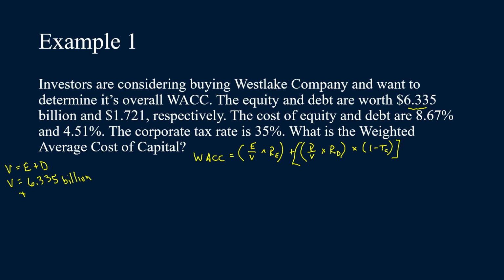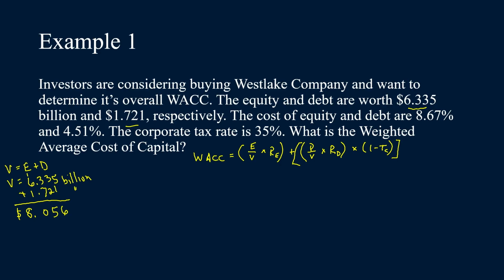Plus, and we have 1.721 billion for the debt. So we simply add these things together. So our total value for the company is 8.056 billion. All right, now that we have that number, we can go ahead and work on this.